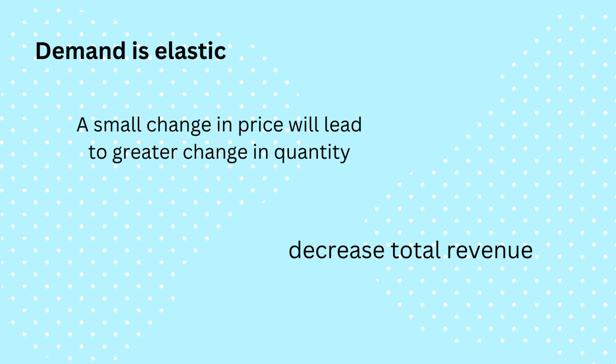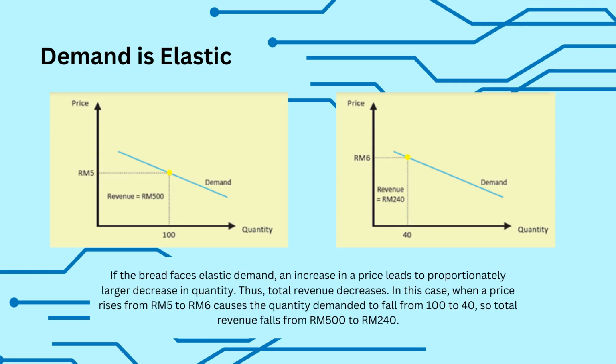The first one is when demand is elastic. A small change in price will lead to a greater change in quantity. In elastic demand, the total revenue will decrease. If the bread faces elastic demand, an increase in the price leads to a proportionately larger decrease in quantity, so the total revenue will decrease.